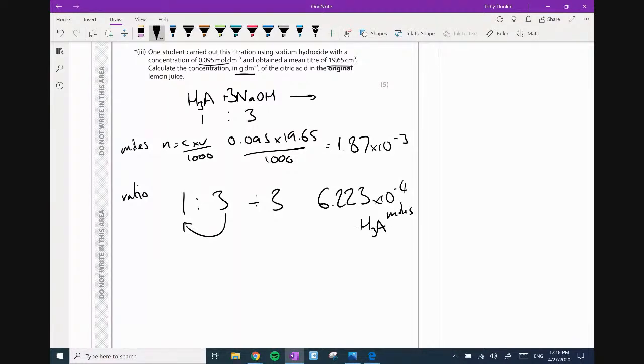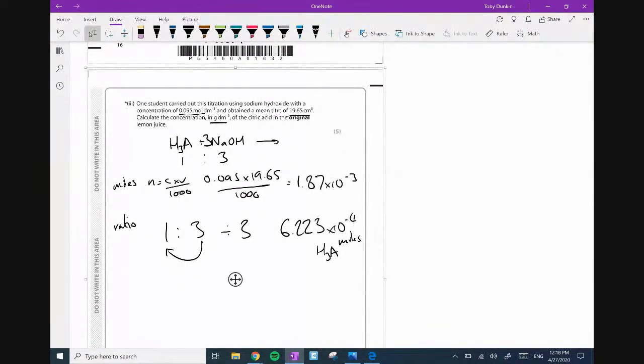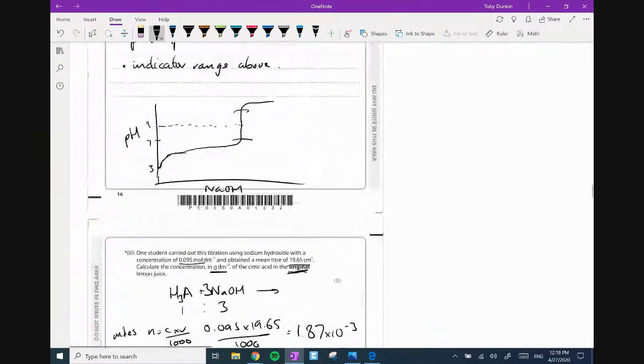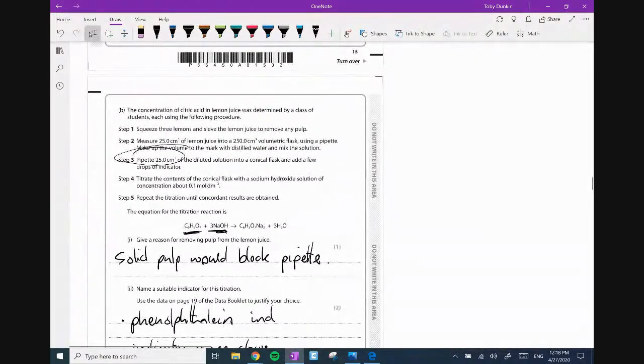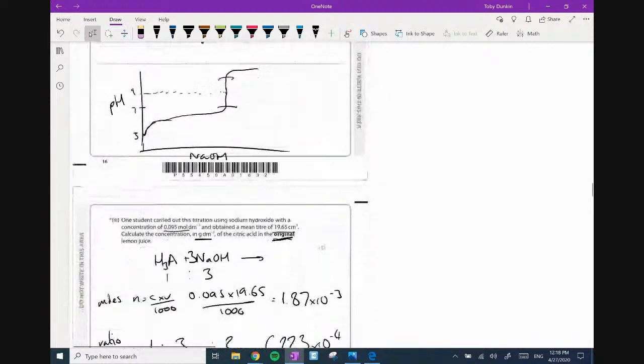Now remember, this is in the diluted 25, folks. Watch out, it's a trap. Because it says in the original in bold. They took a 25 centimeter sample of lemon juice into a 250, so they diluted it by a factor of 10.